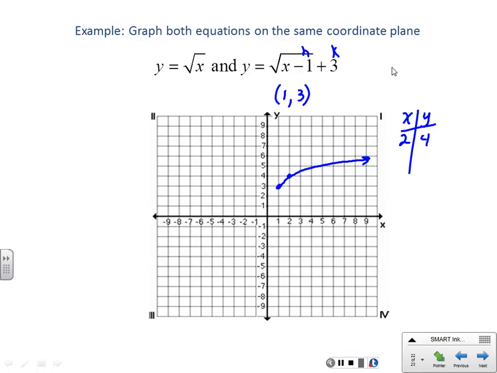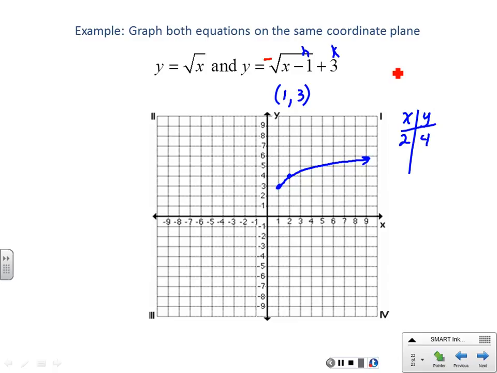Now, for this one, because you're going to do a problem like this in just a minute, if there is a negative out front, watch this. Think about it. I told you it's going to be reflected across the x direction.